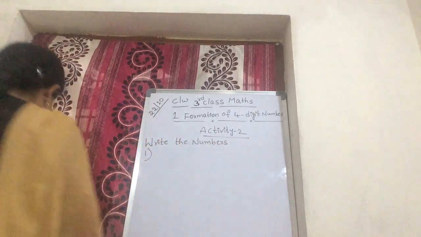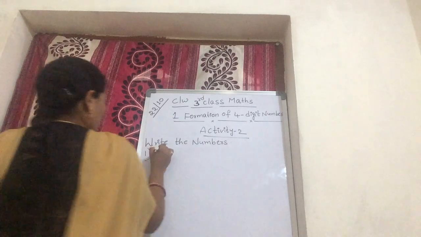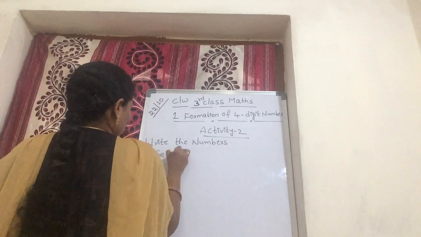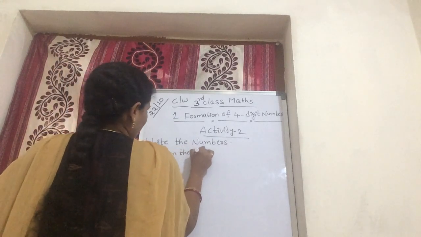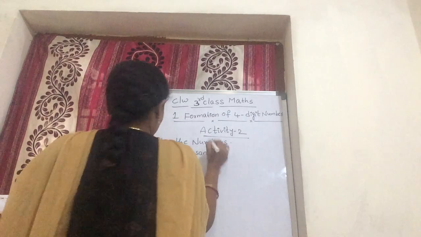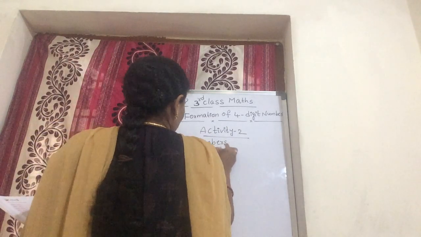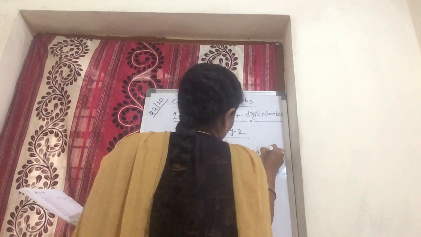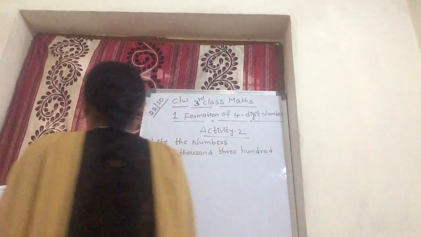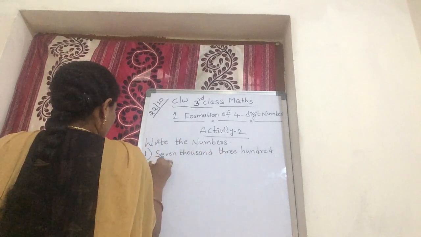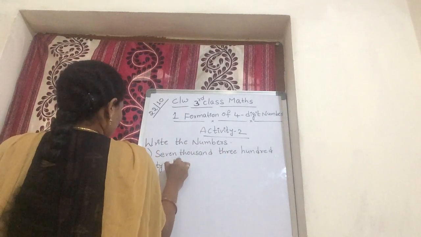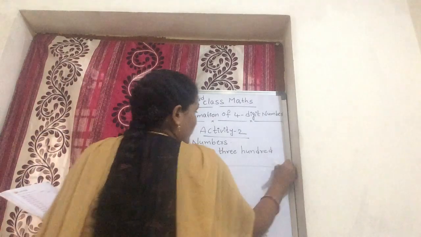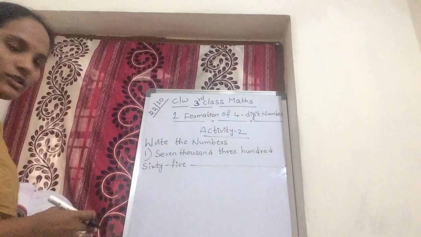You get the first one, 7,000. 7,365. This is your classwork, Amma. Please note down.